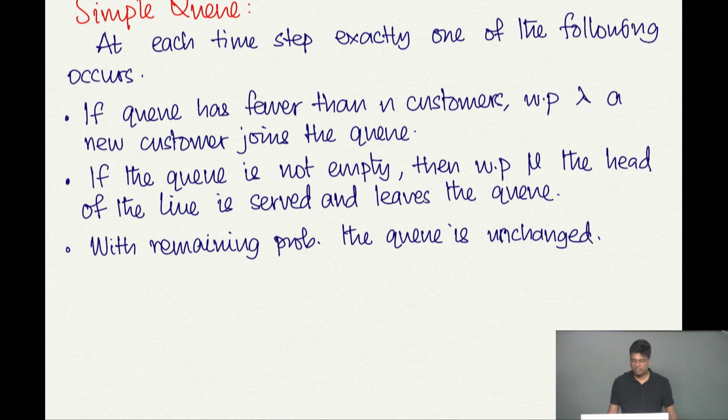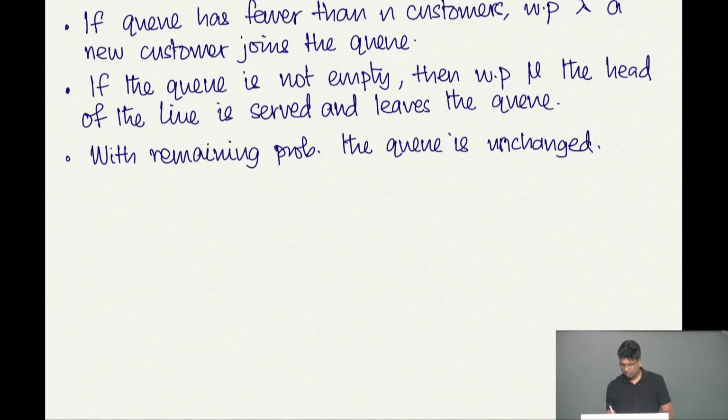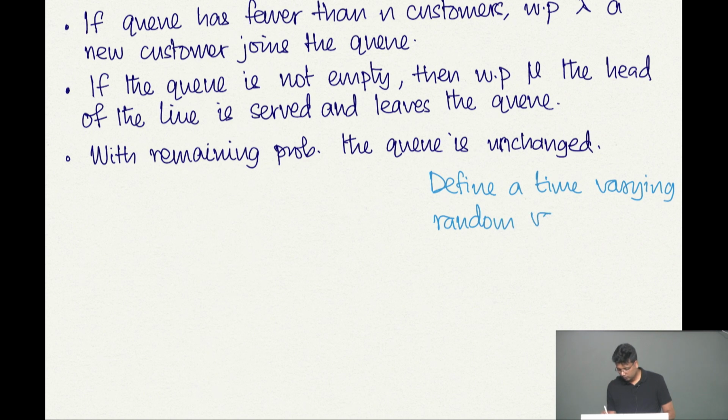So the first question is, to define a Markov chain, define a time varying random variable, or look for it, right? And then what values does it take?